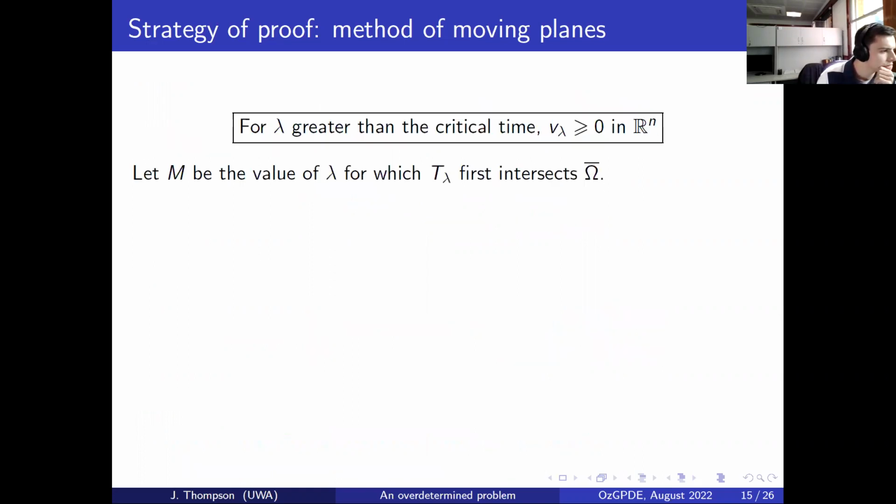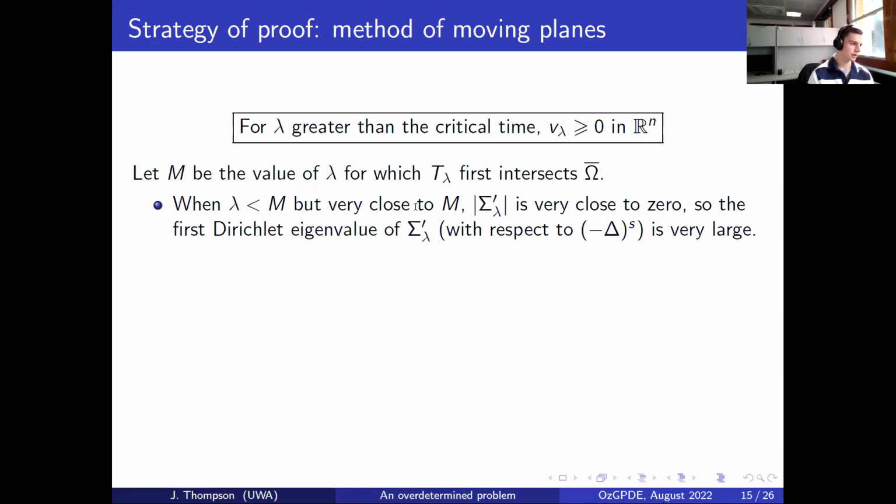Okay, so the idea to prove that when lambda is greater than the critical time, v lambda is non-negative, is we first let m be the value of lambda where our plane first intersects omega, or the closure of omega.